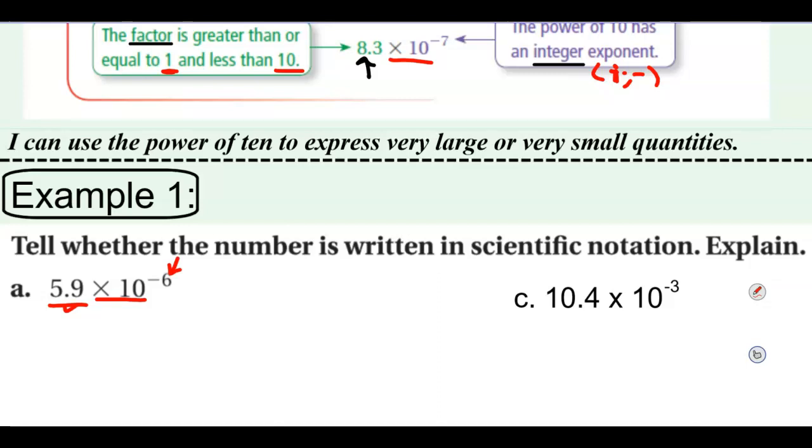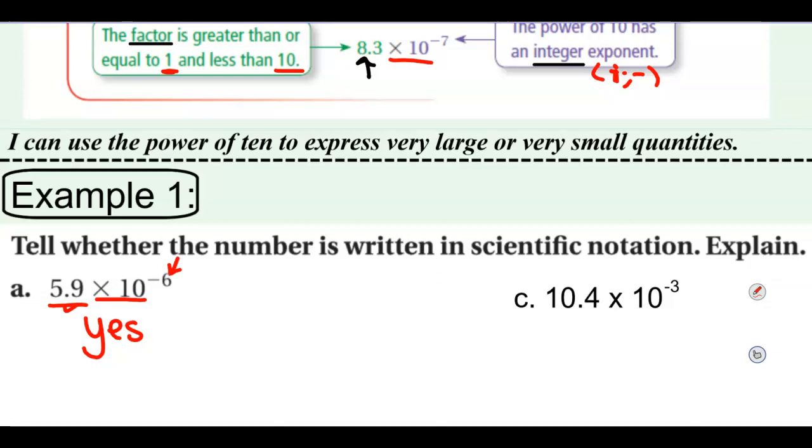Yes. So this is in scientific notation, okay? As for an explanation, we just talked about it. We don't have to write it all out. It's because the factor is between 1 and 10, we're multiplying by 10, and the exponent is an integer, a positive or negative number.